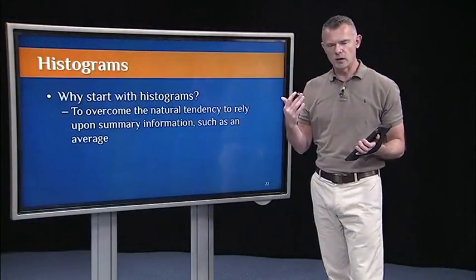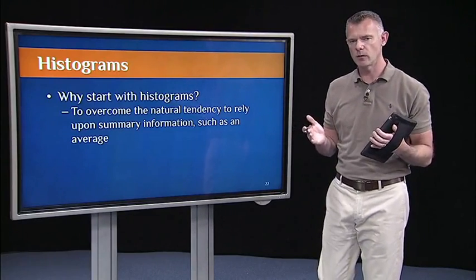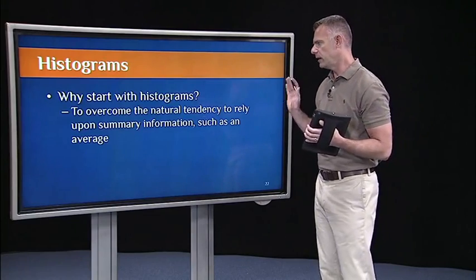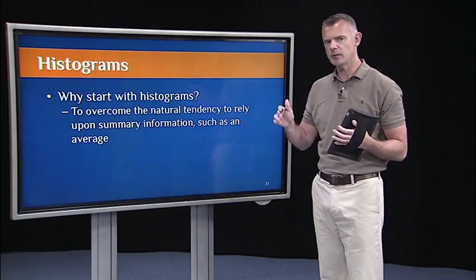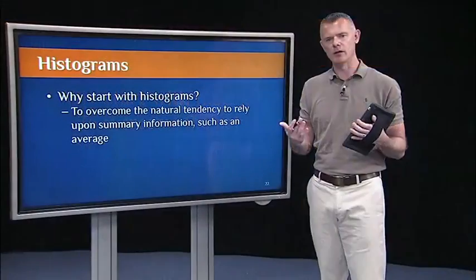So you might think, why start with histograms? There are lots of fancier graphics that we can start with. But a histogram is nice because it helps us to overcome our natural tendency to rely on summary statistics. And this is just a natural thing. As an analogy, think of stereotyping.